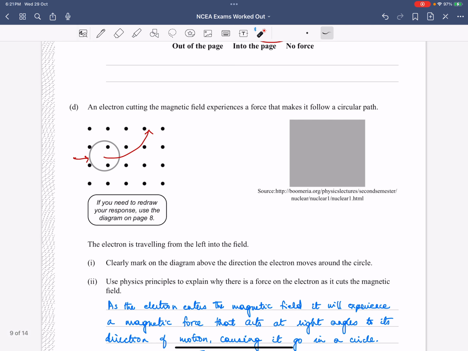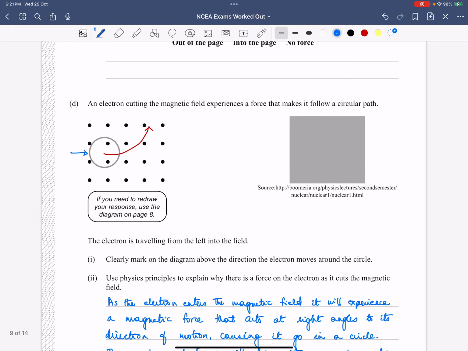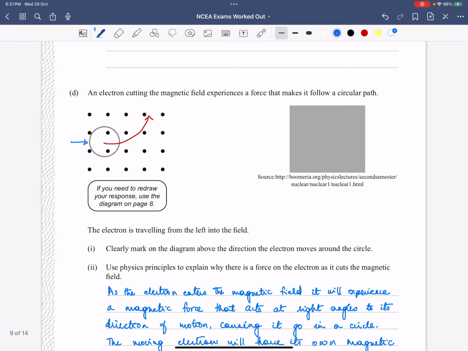Okay, an electron cutting the magnetic field experiences a force that makes it follow a circular path. The electron is traveling from the left of the field, so I just drew an arrow to show what's the left, so it's coming that way. Clearly mark on the diagram above the direction the electron moves around the circle.